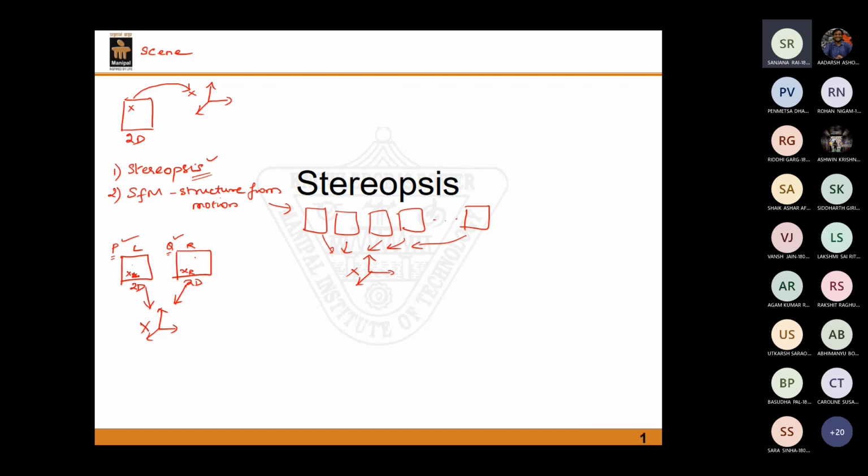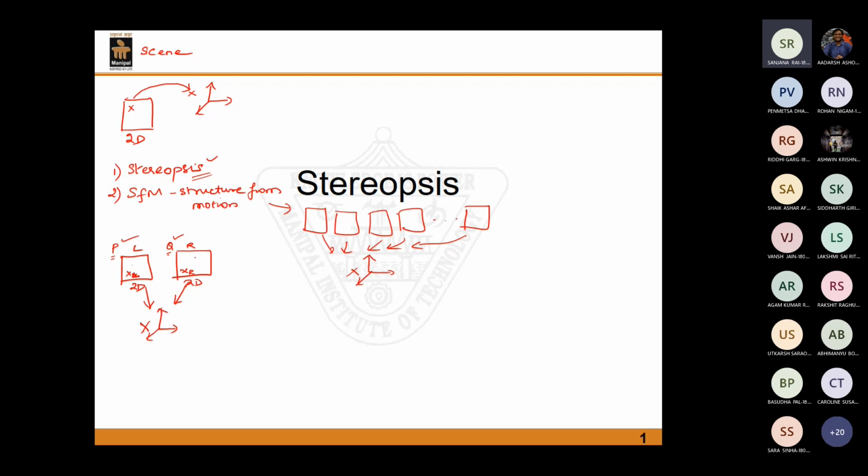It is important that we know the camera positions or the parameters precisely, because even if the camera position changes, or we move it slightly, the camera parameters may change, right? And since the first step is a computation of the camera parameters in the stereopsis method, if the camera parameters change at some point of time, then again from the beginning the camera parameters will have to be recomputed.